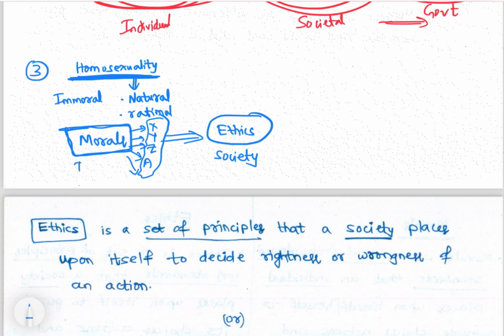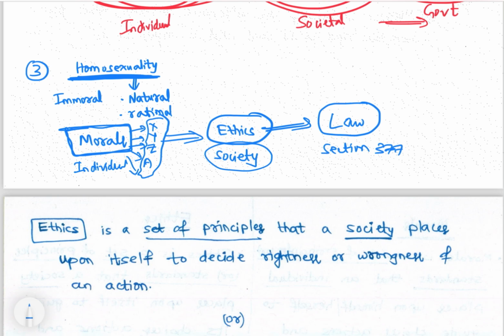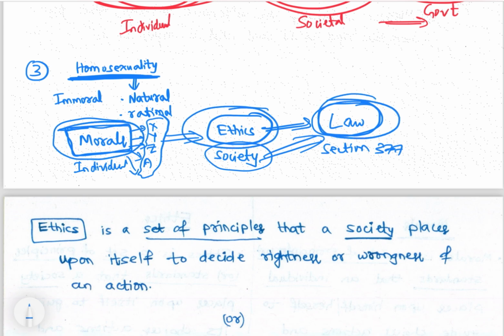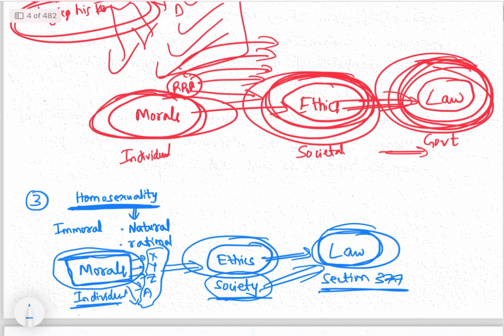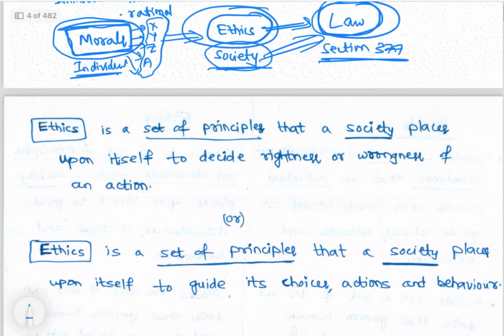So it started with individual morals, then society, then comes the law, where the Supreme Court struck down Section 377, and the government also accepted it. So when society is convinced and the government is also making laws, then it becomes law. So this is the connection between morals, ethics and laws: individual, society, and government making minimum ethical standards. So this is the basic, right? Now let's understand the definitions of ethics.